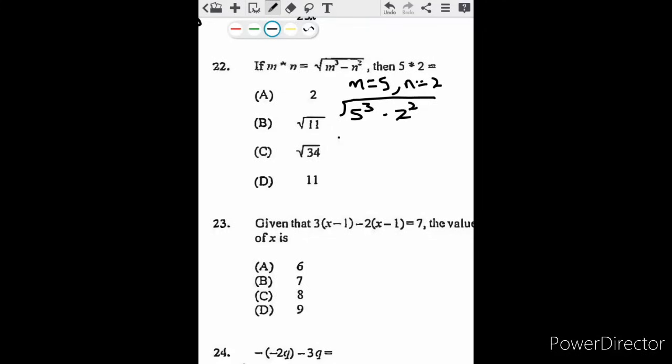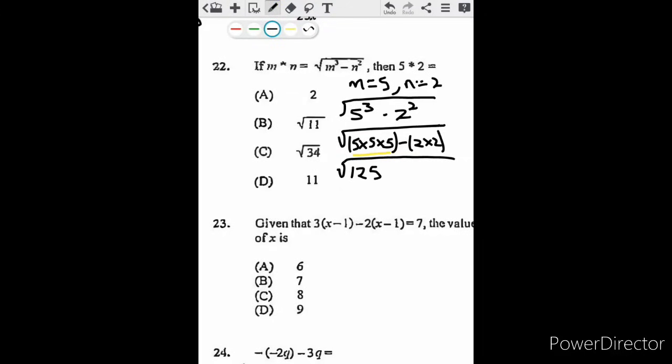Simplifying that, 5 cubed is 5 multiplied by 5 multiplied by 5, and then that is subtracted by 2 multiplied by 2, which is the 2 squared. Simplifying this, we'll have the square root, and then 5 cubed: 5 times 5 is 25, and 25 multiplied by another 5 would give us 125.